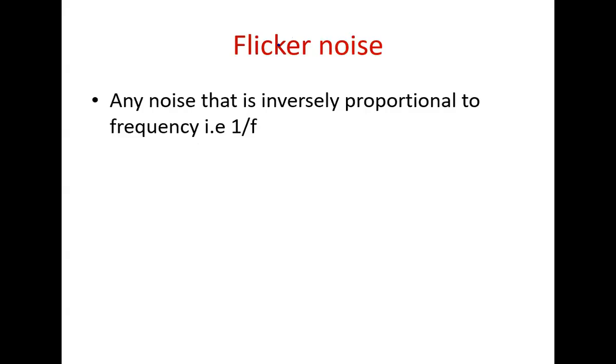All right. So flicker noise again, any noise that is inversely proportional to the frequency, i.e. 1 over F noise. It's called 1 over F noise. This is when each one of us gets some dose of physics in instruments, in this case. 1 over F. So this is frequency dependent.